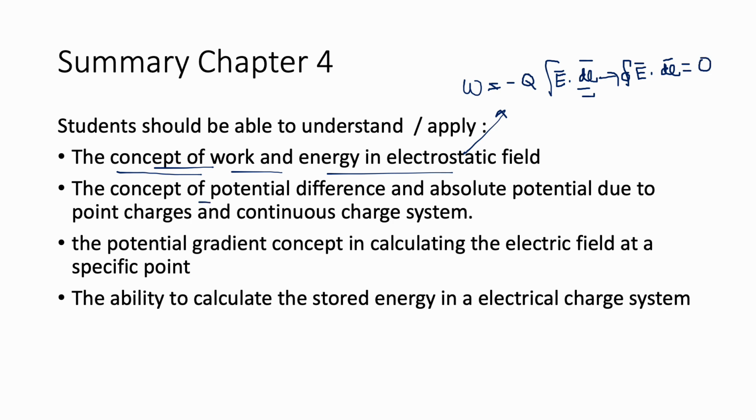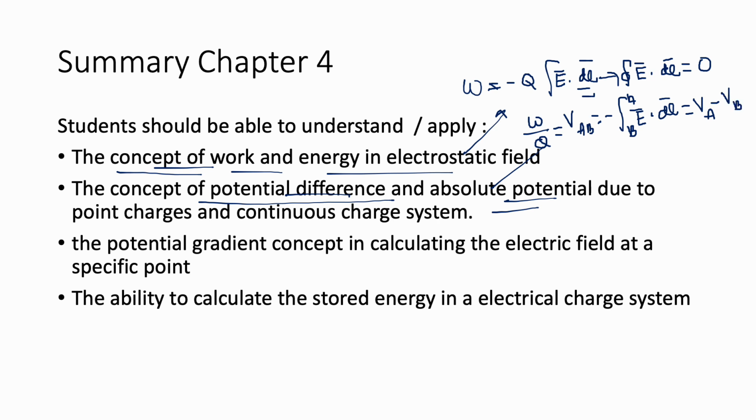We also learned the concept of potential difference and absolute potential, where W over Q is equal to VAB, equal to negative integration from B to A of E dot dl, which equals VA minus VB.